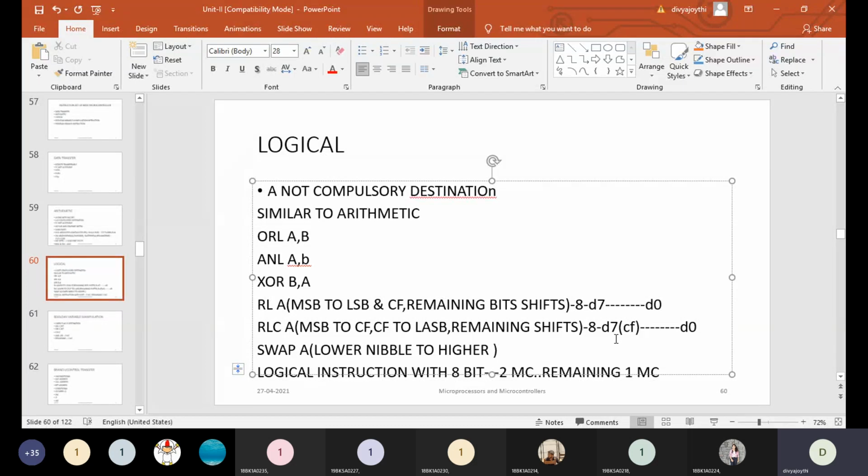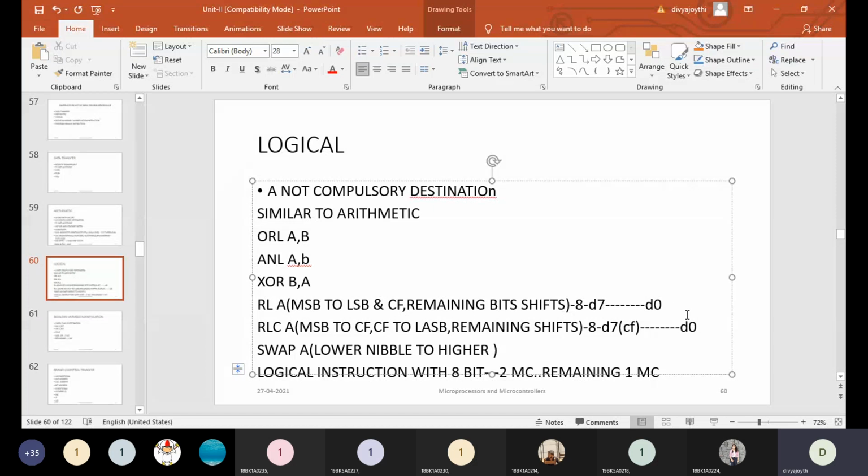So try to have a clear knowledge of the clear-cut difference between these two. In rotate left only, the LSB will be replaced by the MSB and the remaining bits will be rotating to the left-hand side. But whenever I am saying rotate left with carry, the MSB bit will go and sit in the place of the carry flag, and whatever the carry flag value is there is going to come and sit in D0. So in rotate left, the D7 value will move to both D0 and the carry flag.